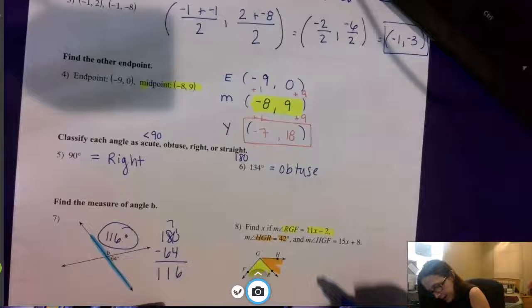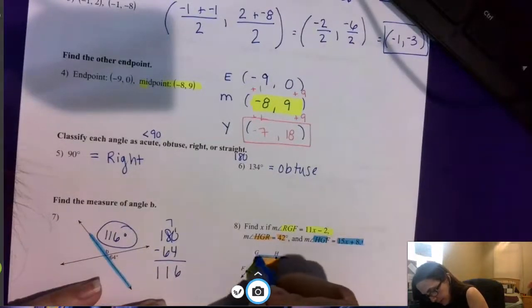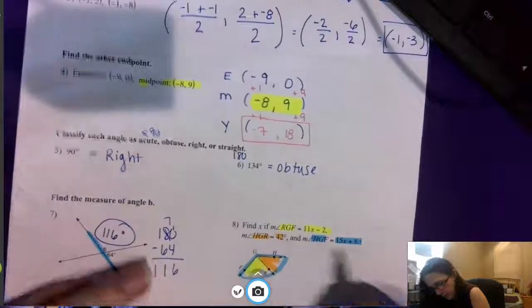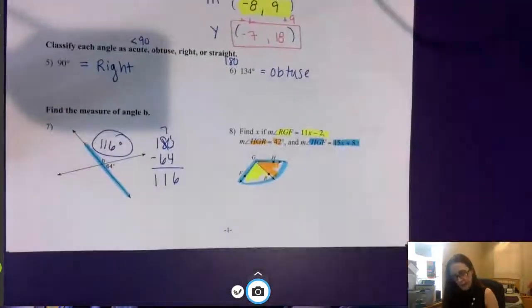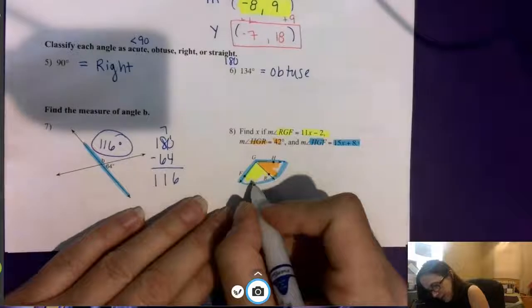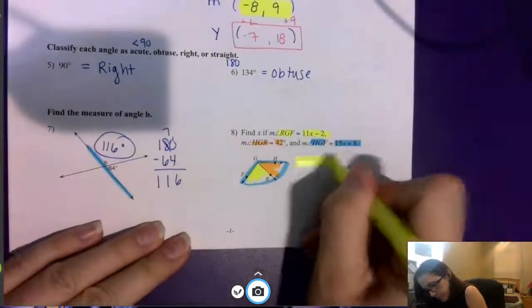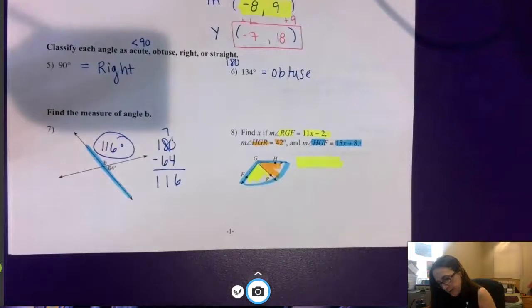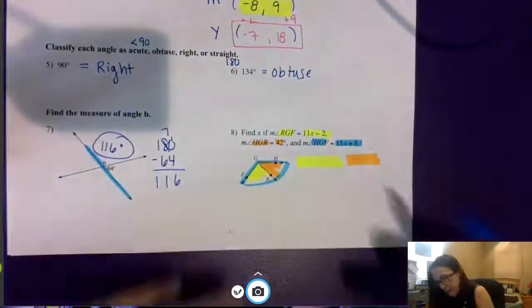I'm looking for HGF, which is the whole thing. So my highlighting kind of helps me to see and stay focused with what I have. I know that this yellow plus the orange is going to equal the blue.